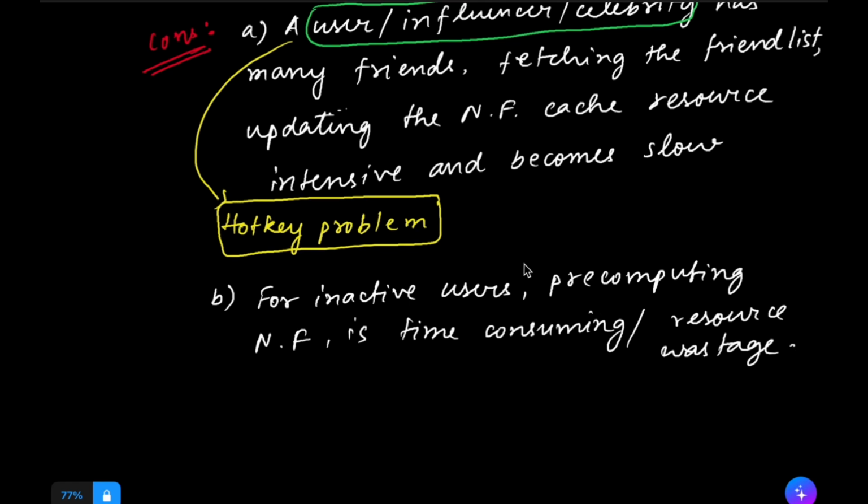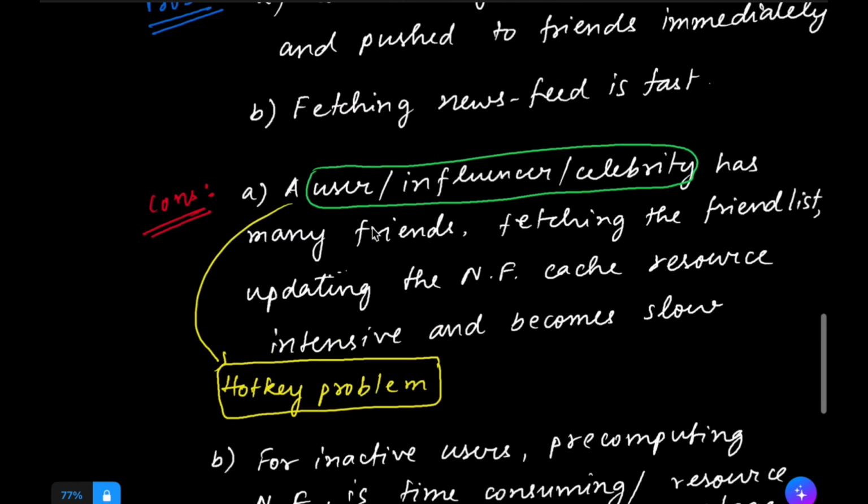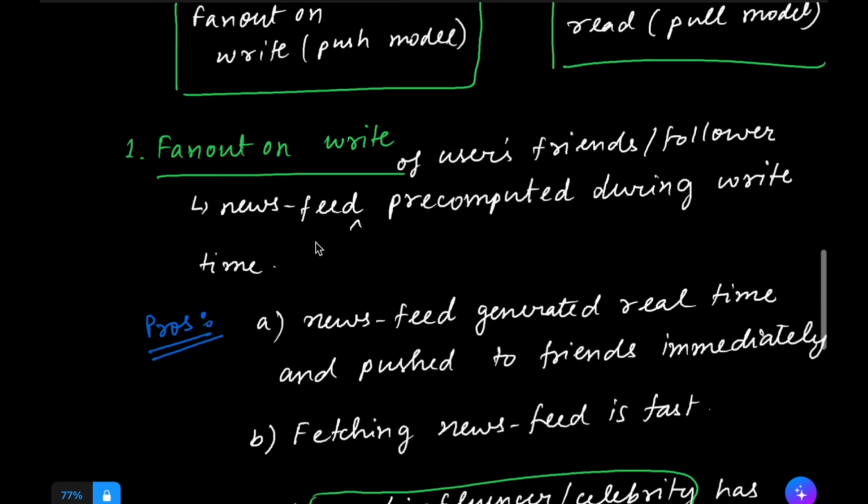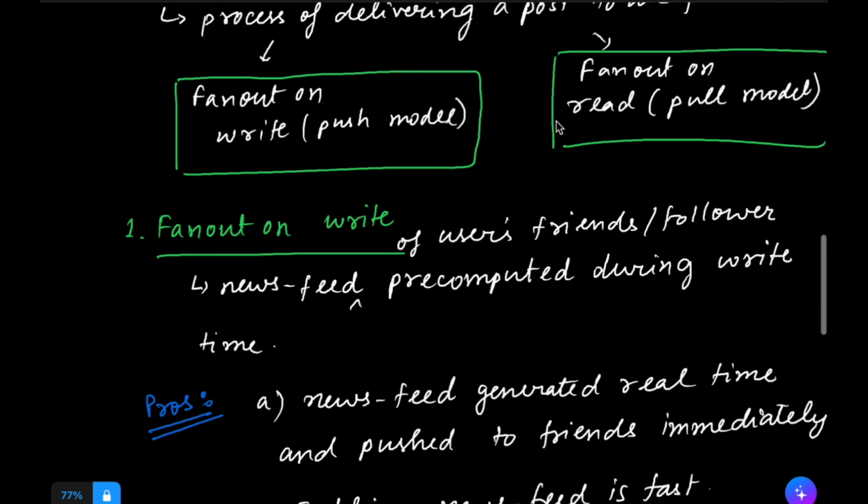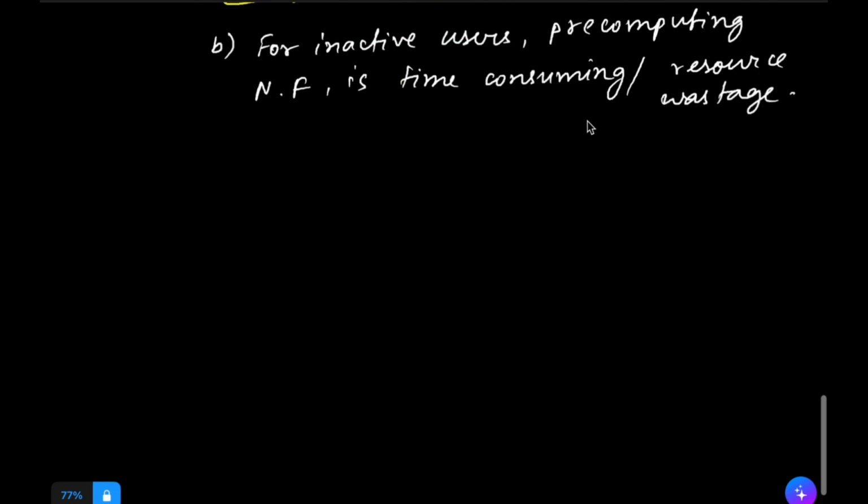So to handle these cons or disadvantages, we also discussed the fan out on read model. What happens in the fan out on read model is, this is also termed as pull model, fan out on read. Here the news feed is generated during the read time.